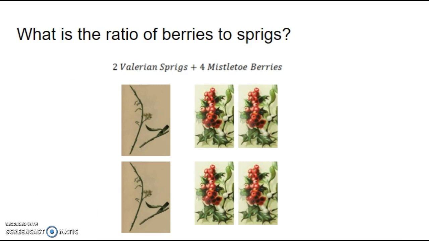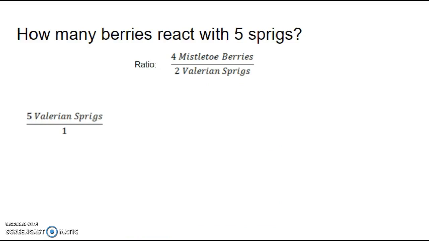So if we ignore the rest of the ingredient list and just look at sprigs and berries, we can narrow down what we're looking for. And I find that the ratio is that we have 4 mistletoe berries to 2 valerian sprigs. So our ratio is 4 to 2. And this ratio we can use to solve different problems, such as this one.